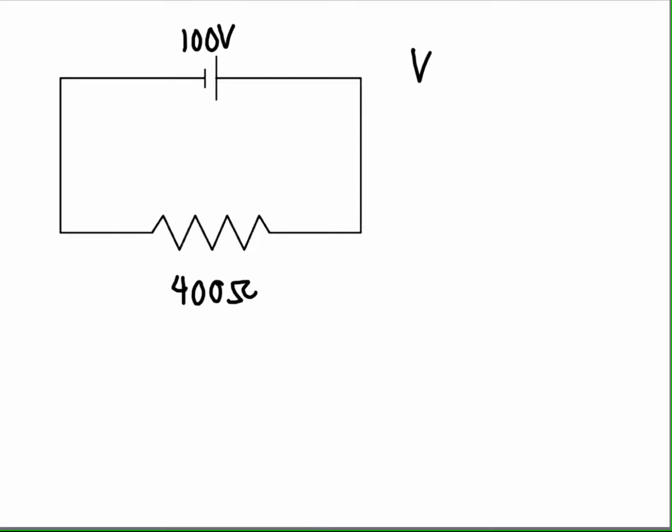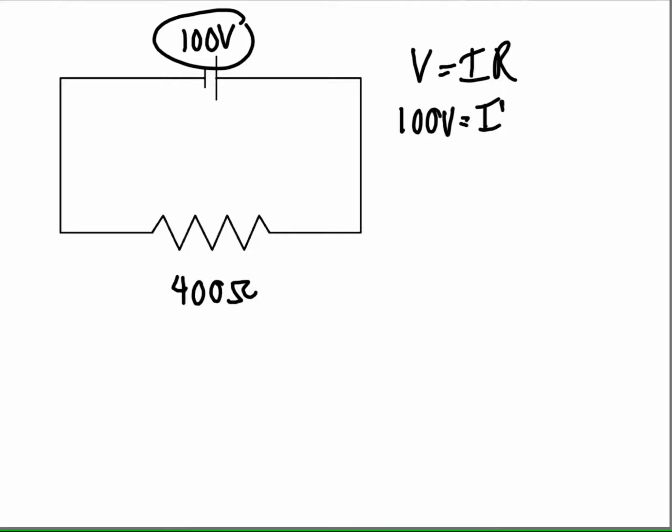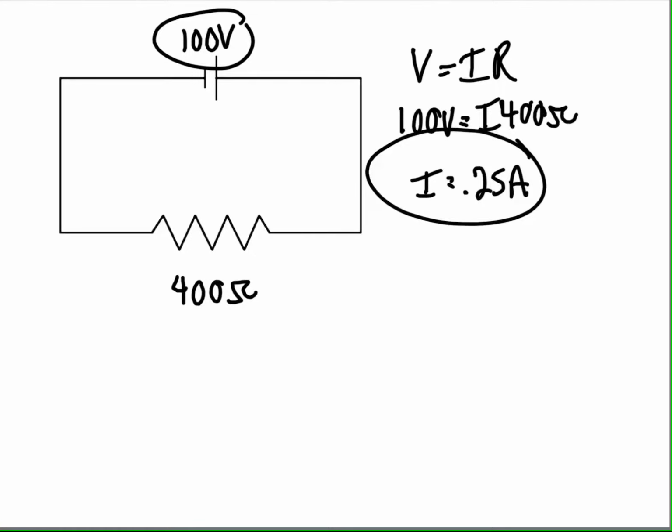Ohm's law tells us V equals IR. So that was the 100 volts we had before. We're looking for I, and this is 400 ohms. So I ended up, as we did before, to be 0.25 amps.